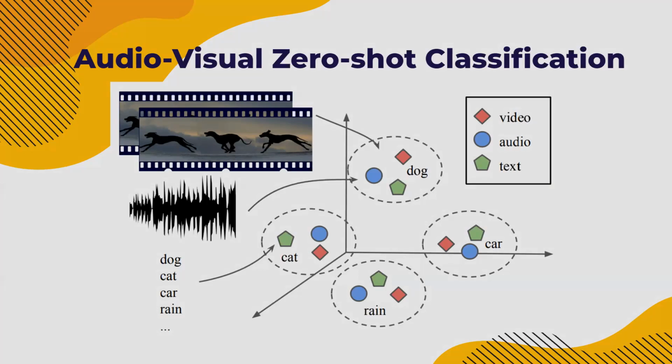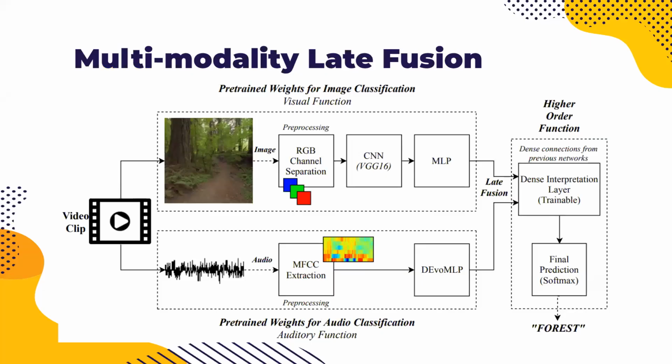The second paper is titled A Look and Listen Multimodality Late Fusion Approach to Scene Classification for Autonomous Machines. This paper's abstract states that the novelty of this study consists in a multimodality approach to scene classification, where image and audio complement each other in a process of deep late fusion.